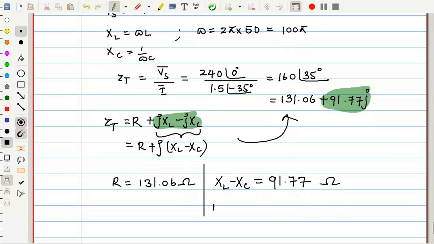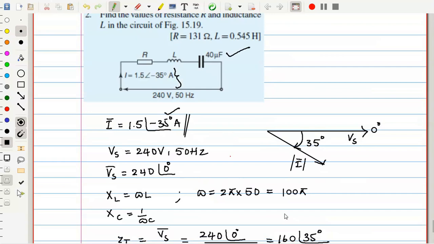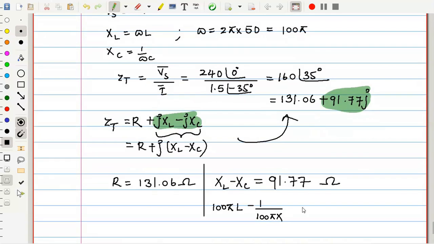So XL means 100 pi L minus 1 by omega C. Omega is equal to 100 pi. C is how much? C is 40 microfarad, so 40 into 10 power minus 6.